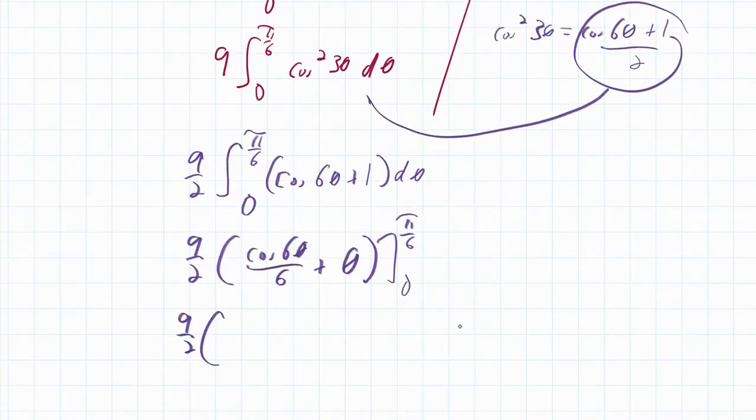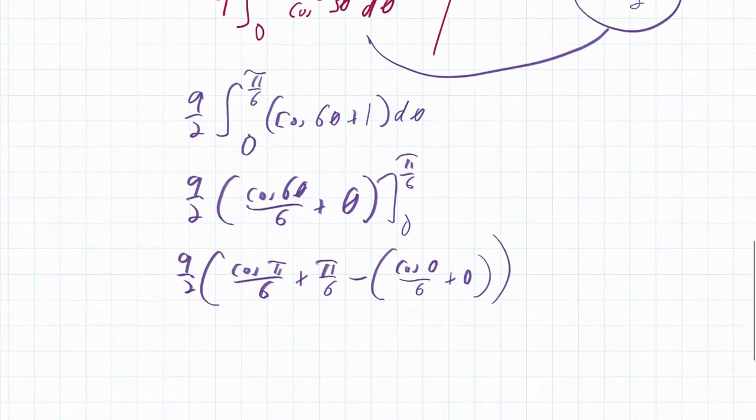Now we plug everything in. I get the cosine of pi over 6 plus pi over 6 minus the cosine of 0 over 6 plus 0.